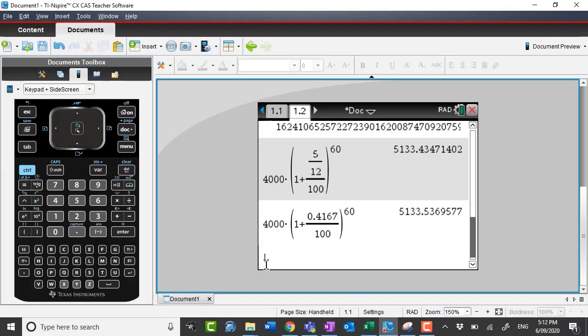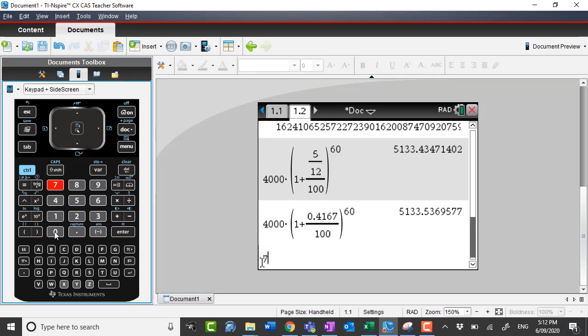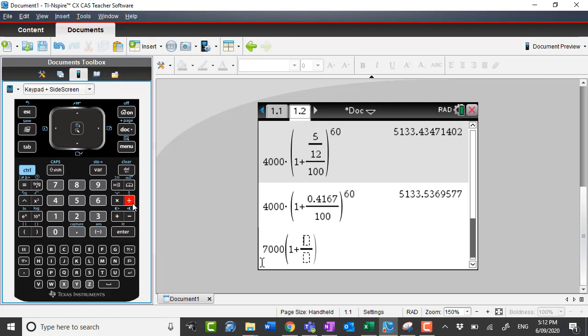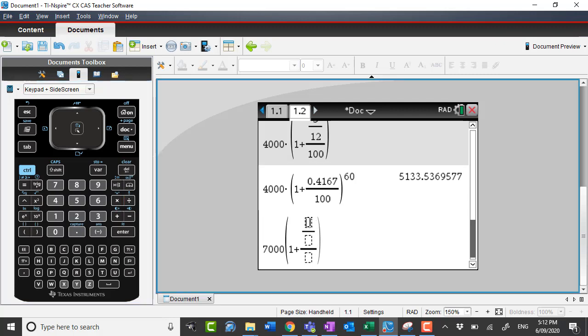I want 7,000 times, well, we've got 6.2%. So we're going to have to do control divide. And here's a fraction. If I want another fraction, let's do control divide again. If I do that straight in the calculator, 6.2 divided by 12 and divided by 100, that's going to give me my decimal value there.